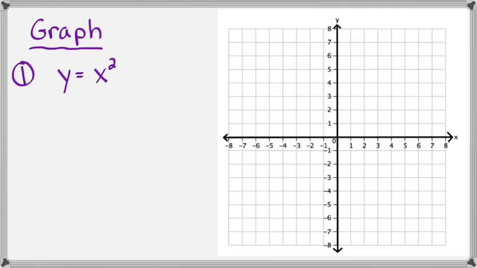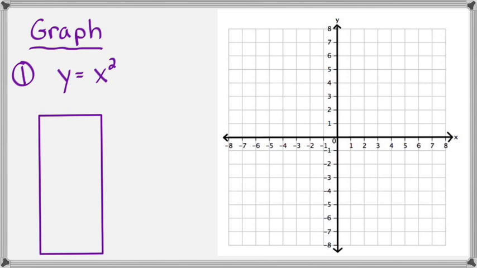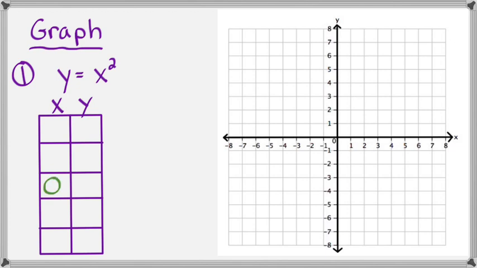So let's look at graphing some of these functions and what they look like. If I have y equals x squared, I can make a table and throw in some numbers. Because it's a quadratic, I need to have -2, -1, 0, 1, 2, and then I can plug in my values. I'm first going to do my vertex, which is always that middle term.